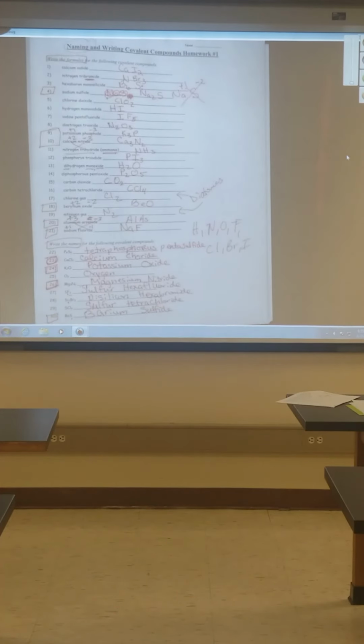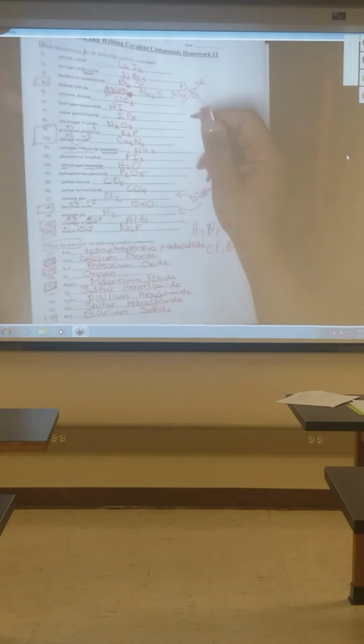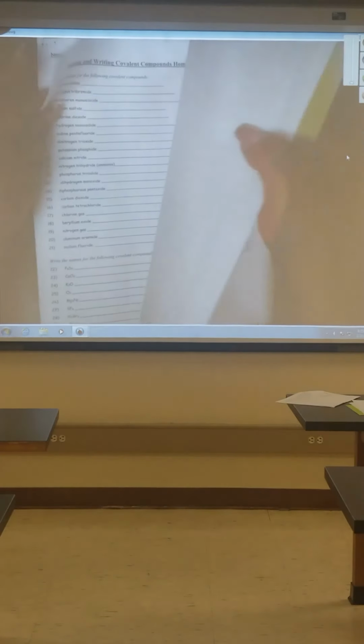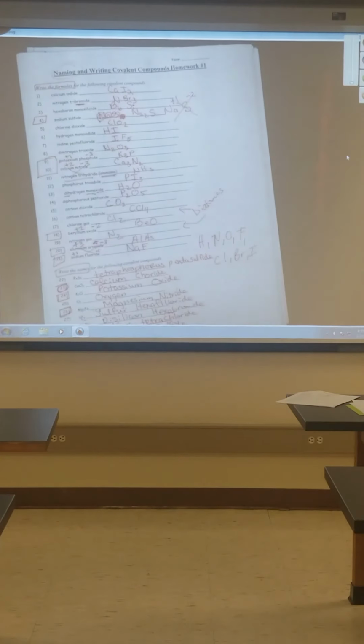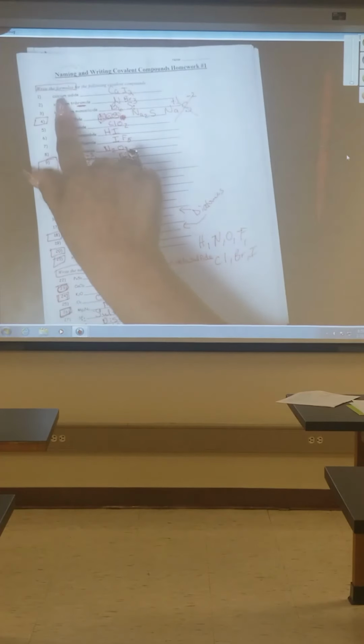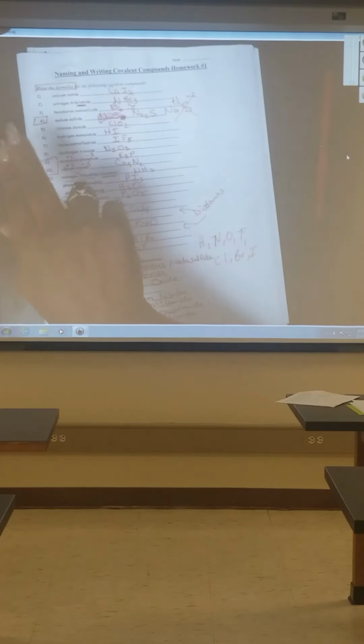Okay, so here are all the answers. It says write the formulas here. So calcium iodine: calcium is a metal, that's a +2 charge, iodine is a non-metal in group 17, so it's a -1 charge.